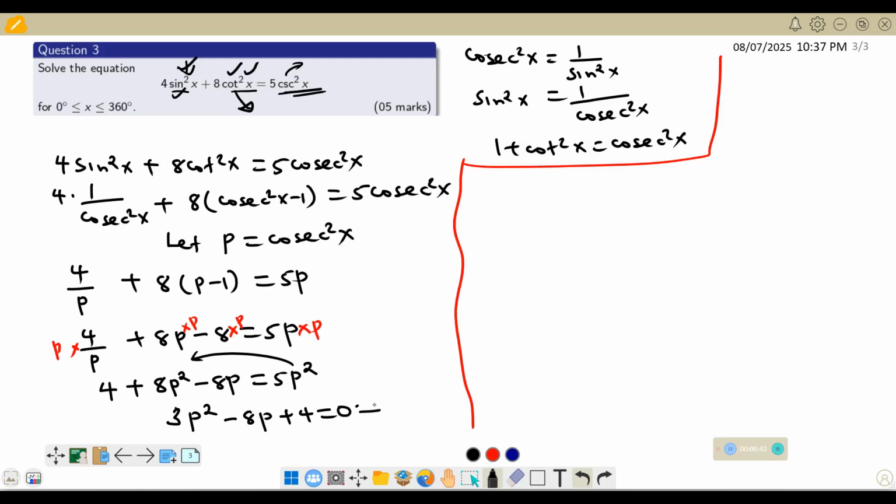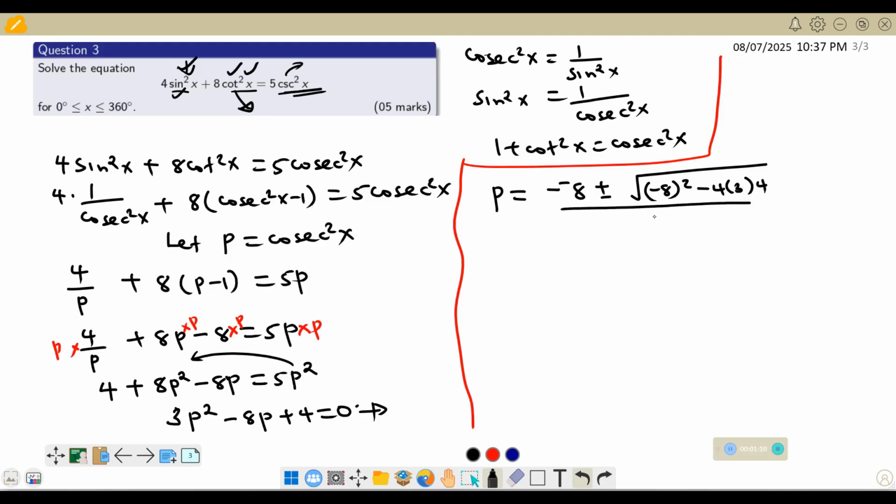This is an equation which you can easily solve using either the factor method or the quadratic formula. This will give us p as negative of negative 8, plus or minus the square root of negative 8 squared minus 4ac, where a is 3 and c is 4.